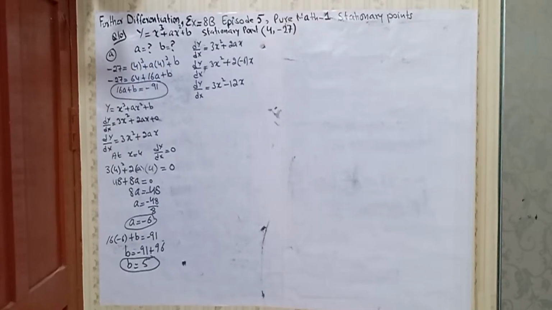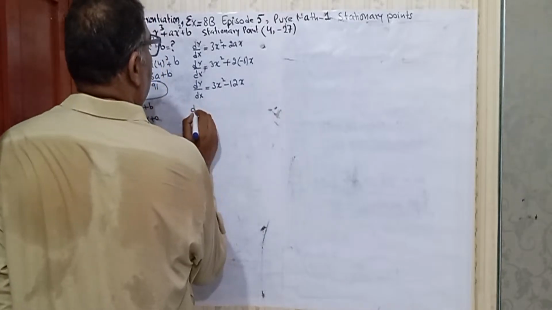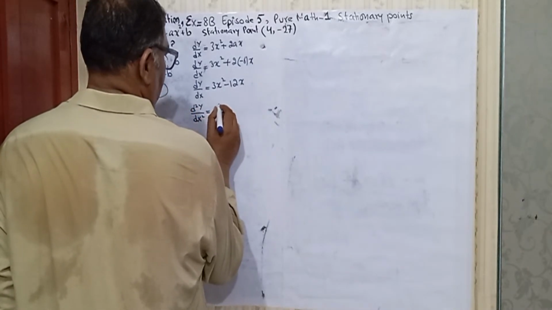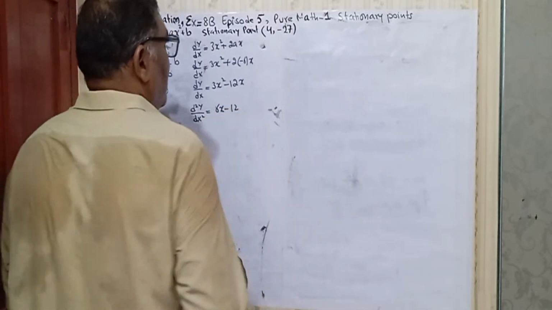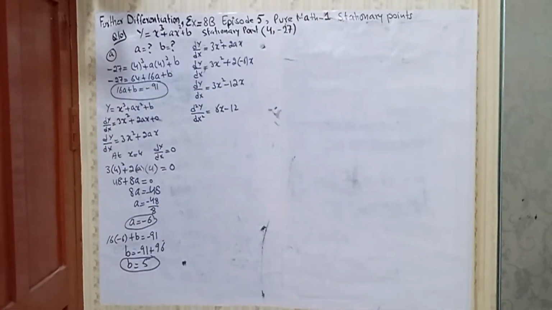Now I am going to find the second derivative of this. The second derivative, d squared y by dx squared, will be equal to 6x minus 12. I want to find out the nature of this point, where the value of x is 4. To find out whether this is a maximum or a minimum point, I will substitute x equals 4 in the second derivative.